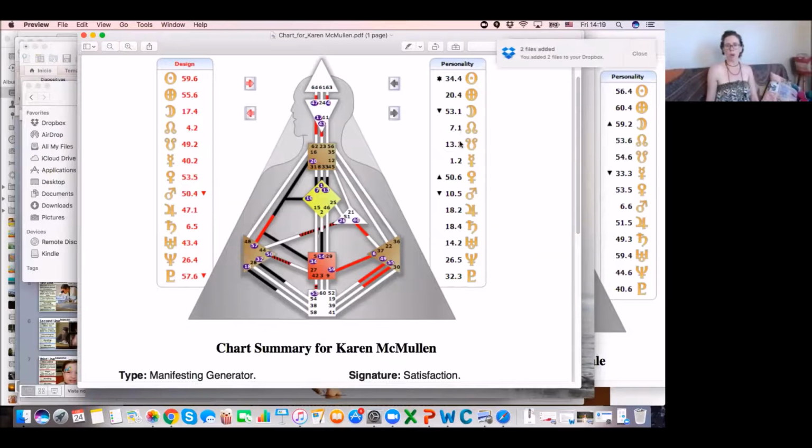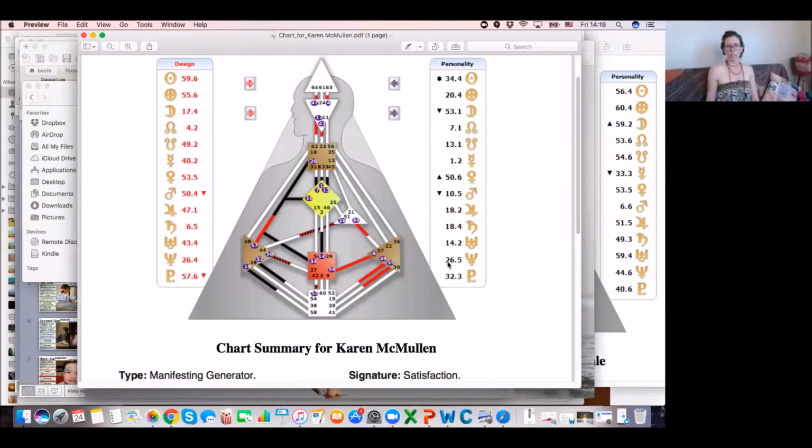It has a .1 or a .2 or a .3 or a .5. So that means this particular gate is going to be flavored by the 4.